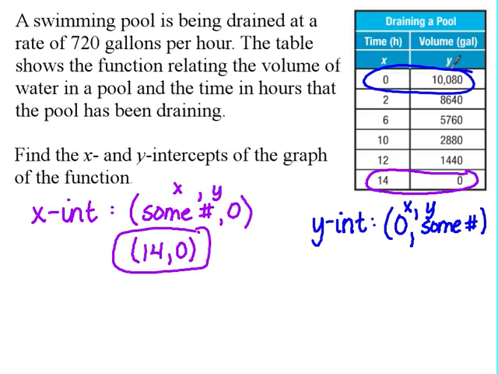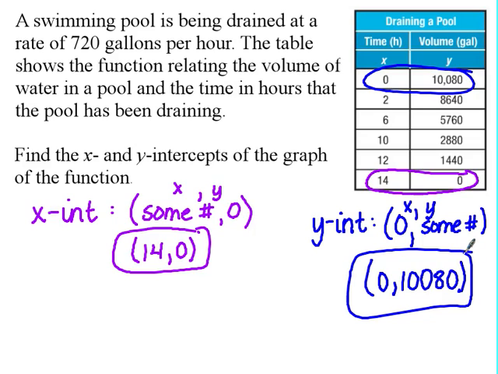So I know that my y-intercept in this graph will be 0, 10,080. Be really careful that you don't put that second comma in there. It should be 0 and then 10,080. So that's all you're doing. You're just identifying intercepts from a table. Questions on that?